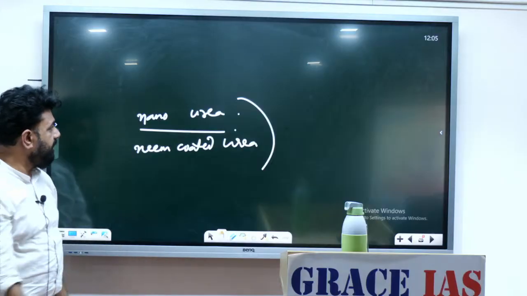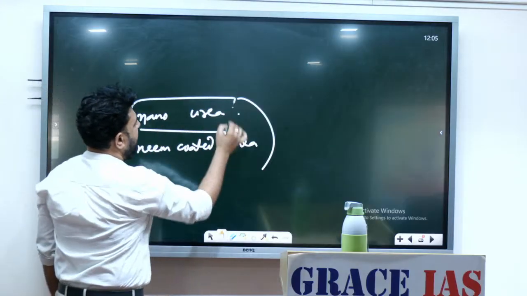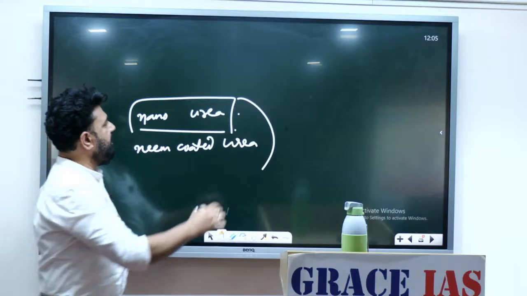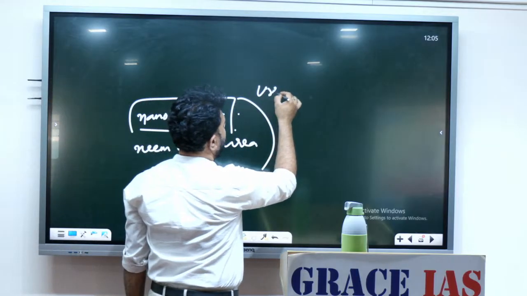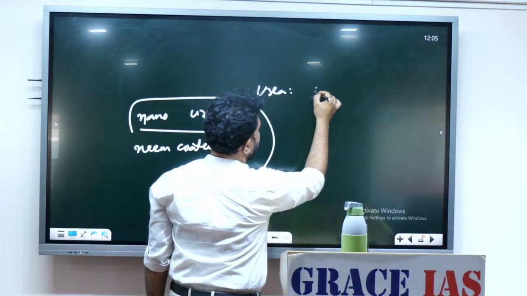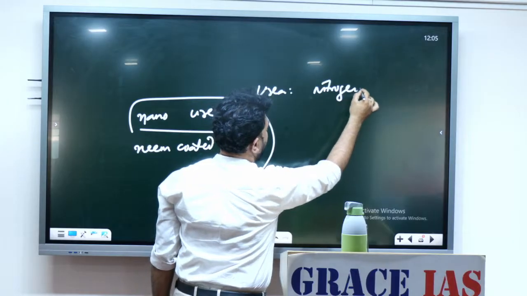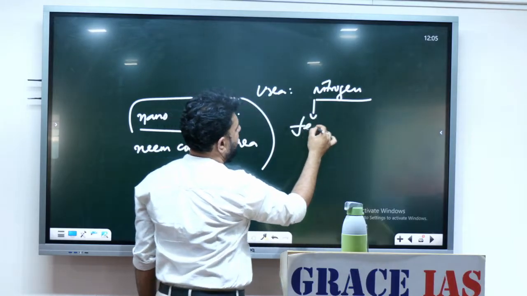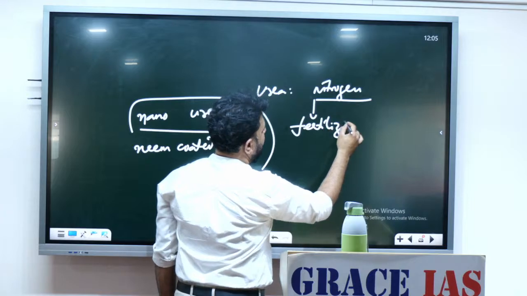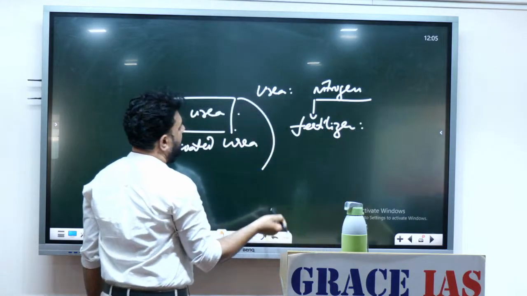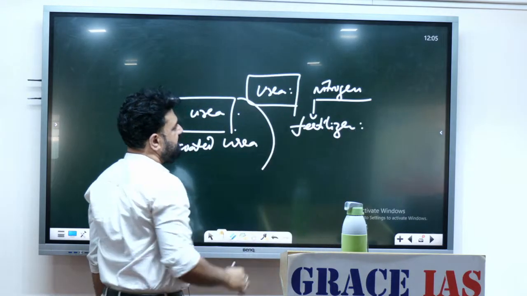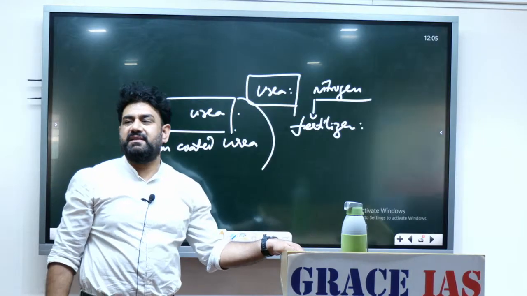You understand this? Nano urea is to save the urea, because urea is a source of what? Yes please, source of nitrogen. It is a very popular fertilizer in India, and often the price of urea determines the profit of agricultural practices, you know that.